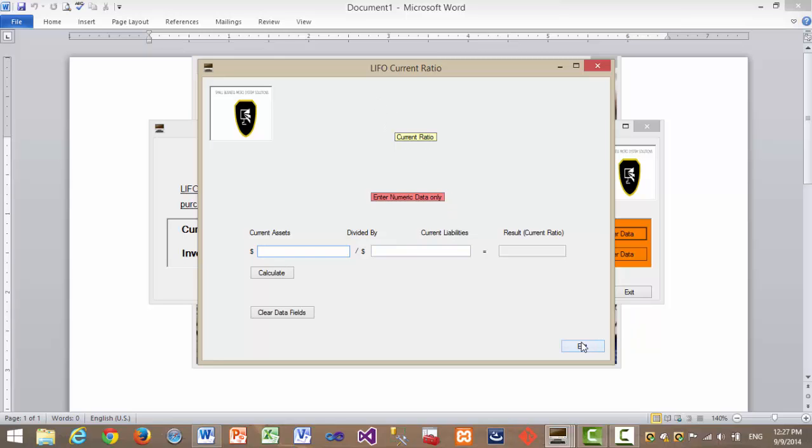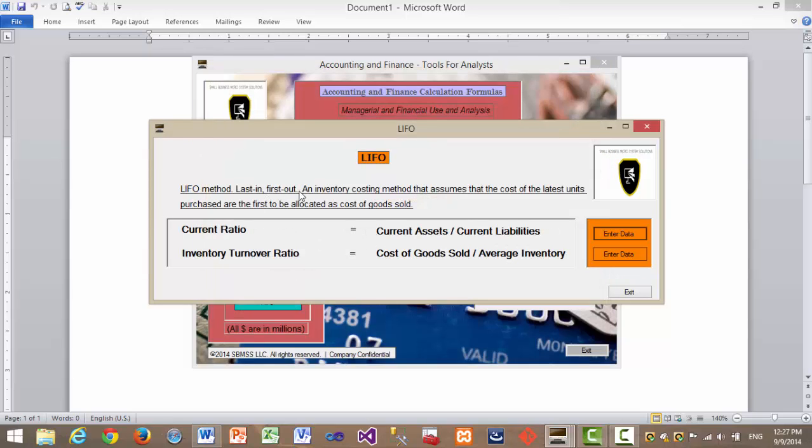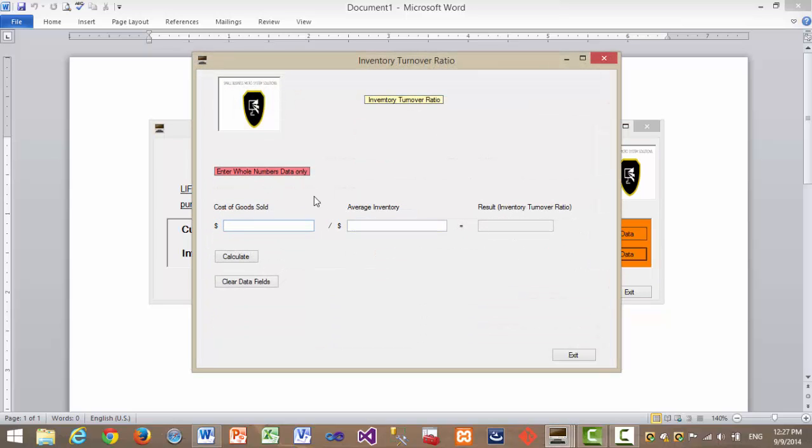LIFO means last in, first out, an inventory costing method that assumes the cost of the latest units purchased are the first to be allocated as cost of goods sold. Now we have the inventory turnover ratio: cost of goods sold divided by average inventory. It gives you the inventory turnover ratio under LIFO.